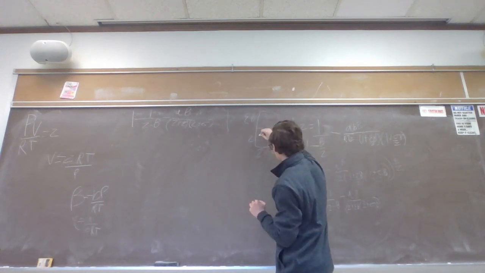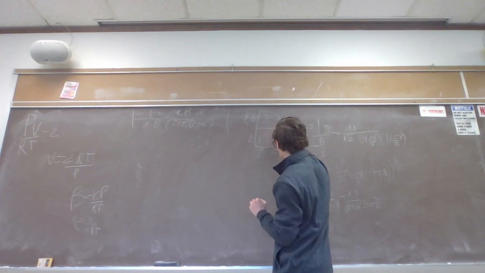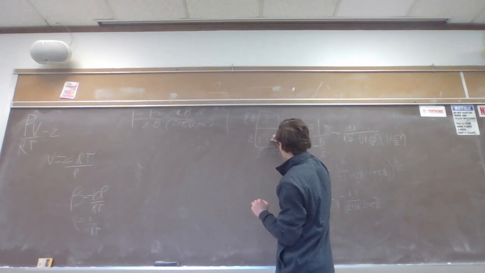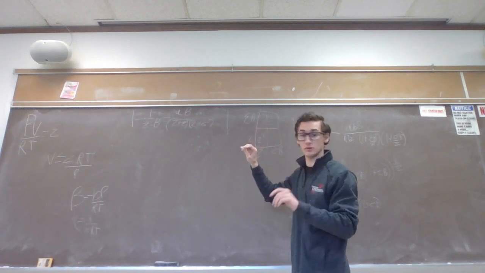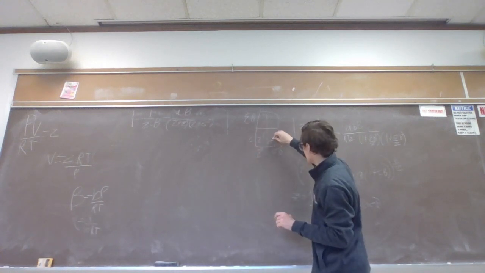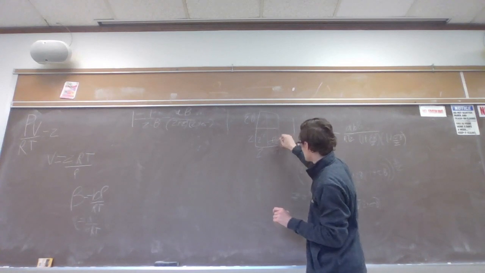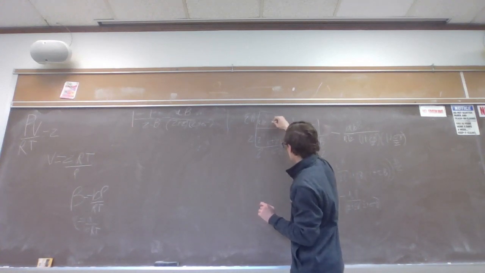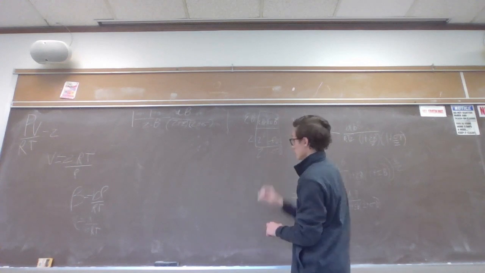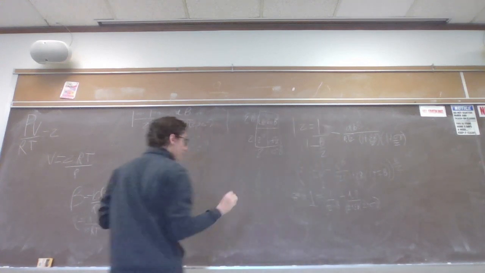So we get Z squared, and we're going to put the Z's at the end of the term. So we have sigma beta Z, we have epsilon beta Z, and we have epsilon sigma beta squared. So let's start to cross multiply.